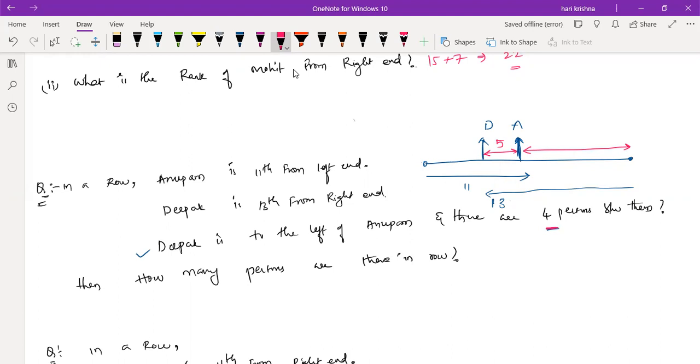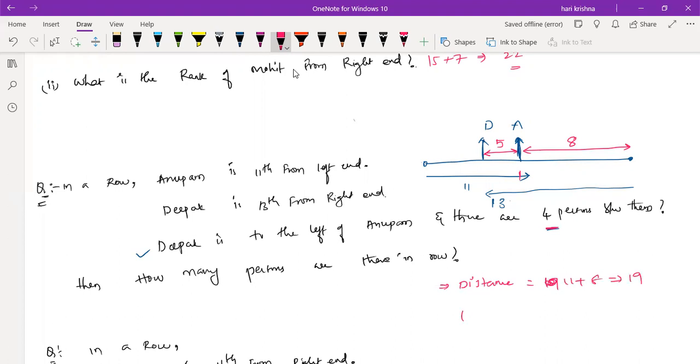From 13 you have to subtract the 5. That means it is 8. Yes or no? So if you want to calculate the total persons, first calculate the distance. So distance is equal to total how much? 11 plus 8, total 19. Up to this it is 11. Now from here to here it is 8, total 19.